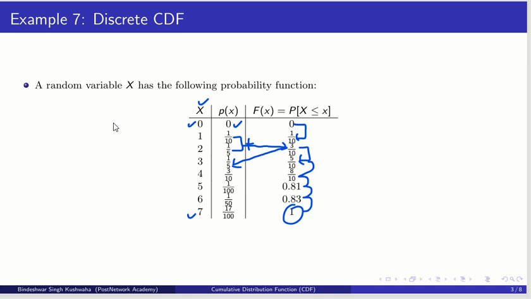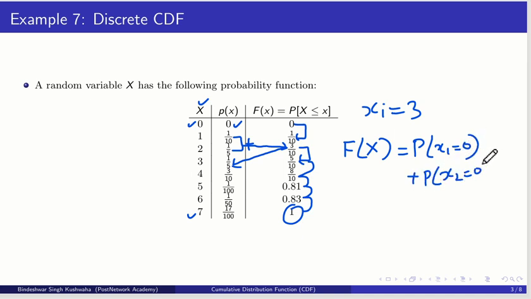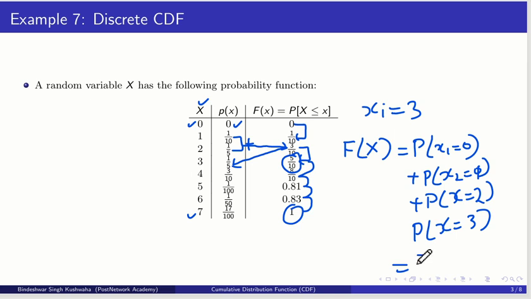Now let us see an example. If I say xi is equal to 3, then F(x) would be P(X = 0) plus P(X = 1) plus P(X = 2) and P(X = 3). We add all of them, and finally we get 5 upon 10.